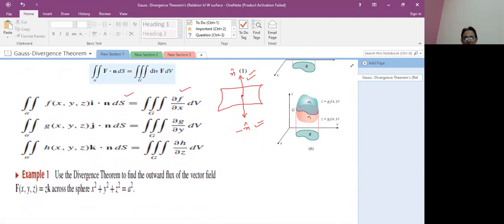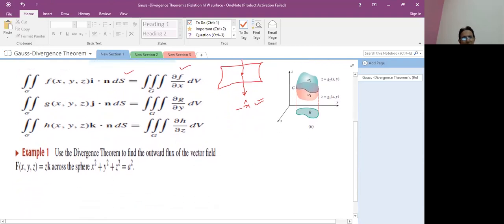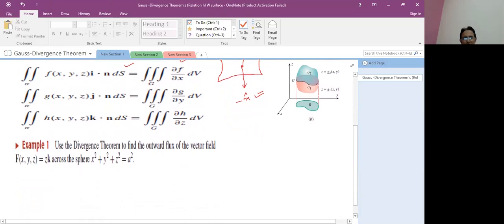So start now. First application: use the divergence theorem to find the outward flux of the vector field. We have a given vector field.